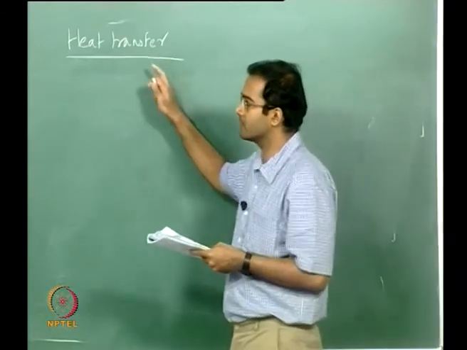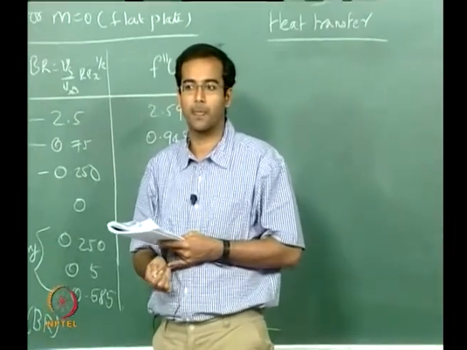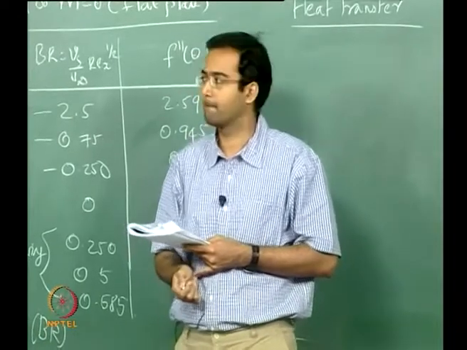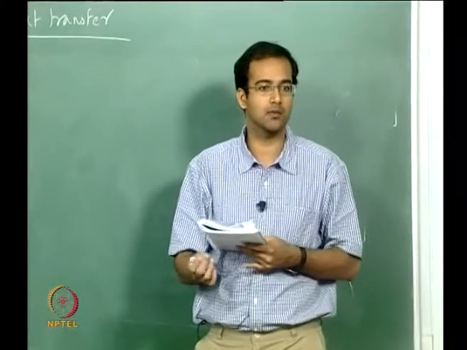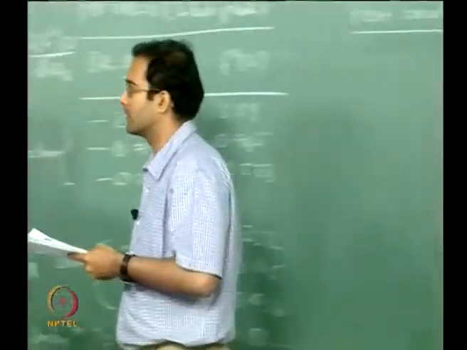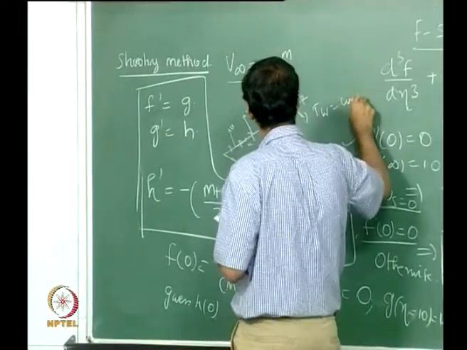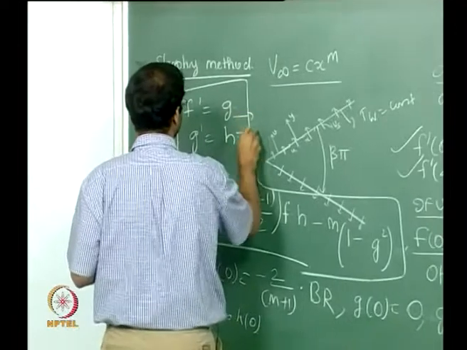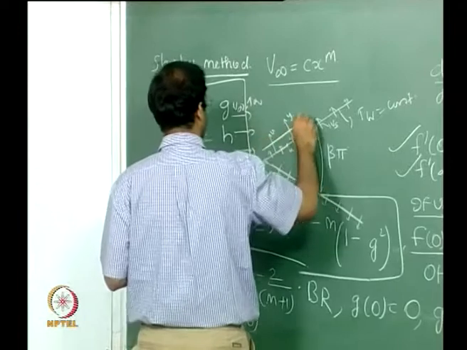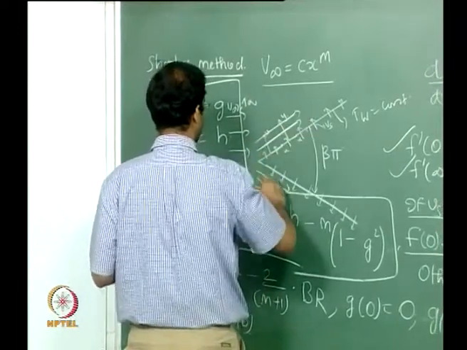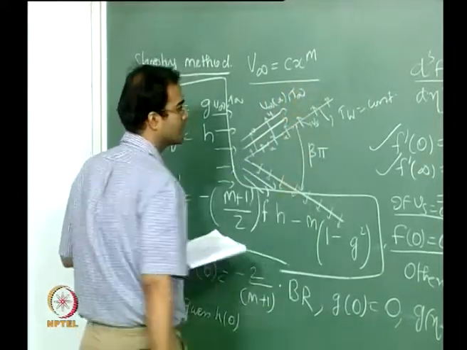Coming to the heat transfer, so what should be the similarity equation for heat transfer? Exactly identical to what we derived, right? No change, and boundary conditions also don't change. We assume that you have a constant wall temperature, and u infinity, T infinity, and once it comes here, this becomes u infinity of x and still T infinity.